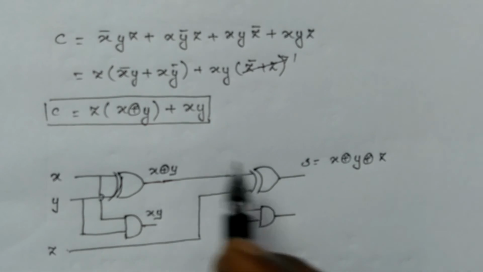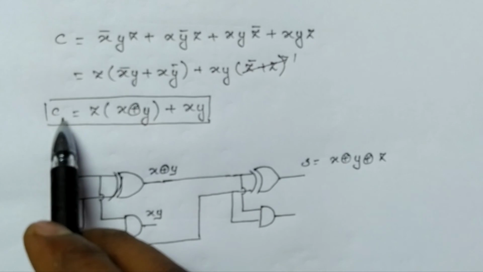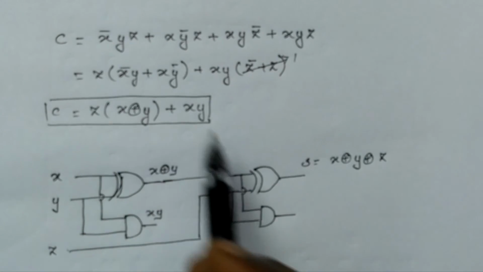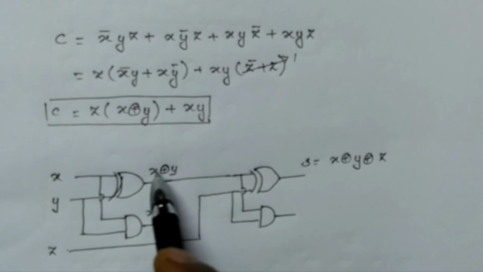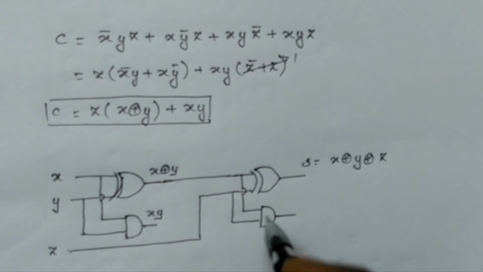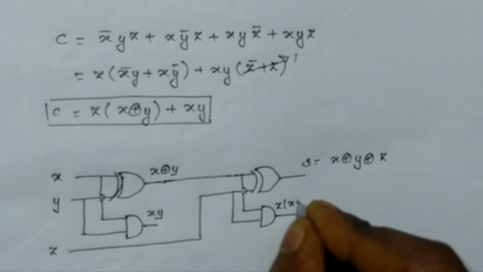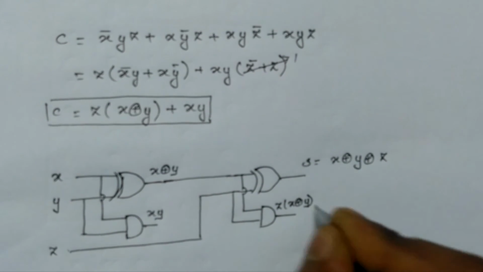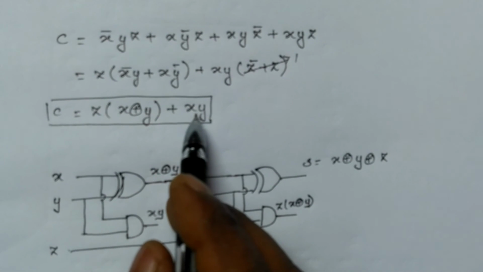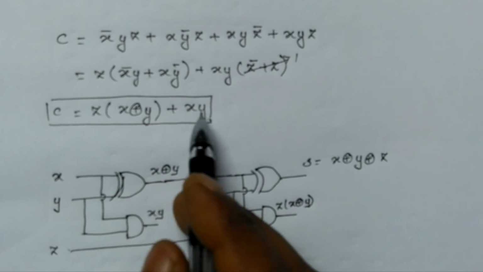Likewise, for carry, here we are having Z into X XOR Y. So here we are having X XOR Y that is connected and another input. Therefore here the output will be Z into X XOR Y, followed by we are having another input XY, which is ANDed with these two values.